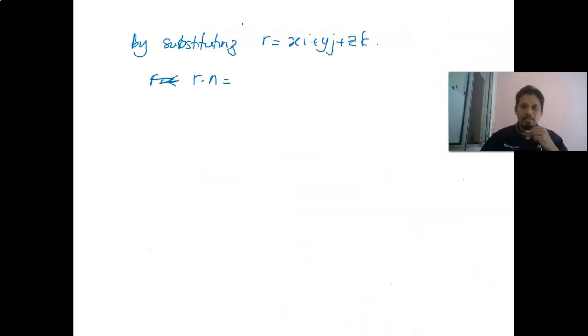So multiply negative 1 with x, negative x. And then negative 10 times y, negative 10y.